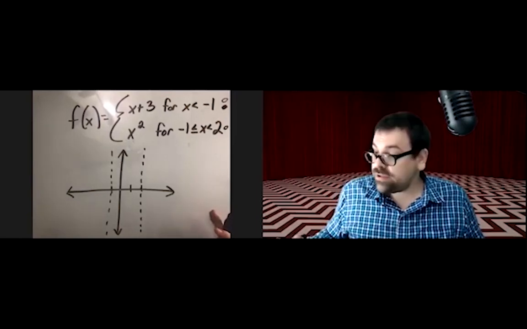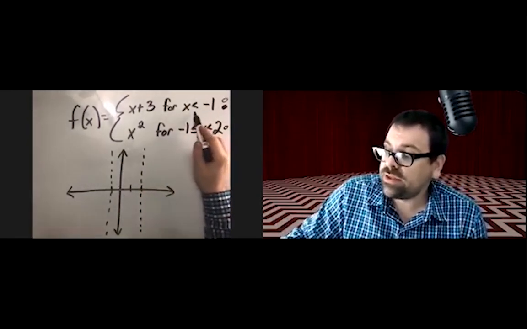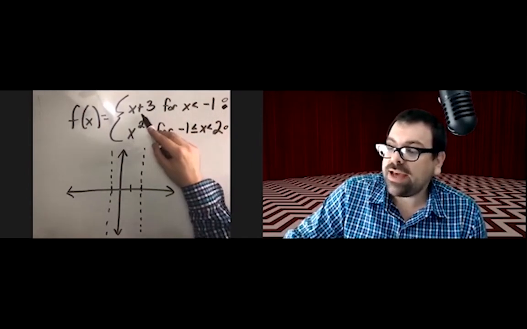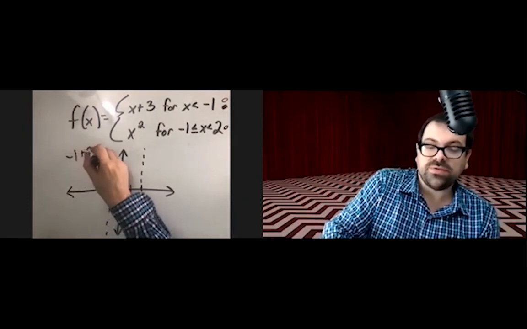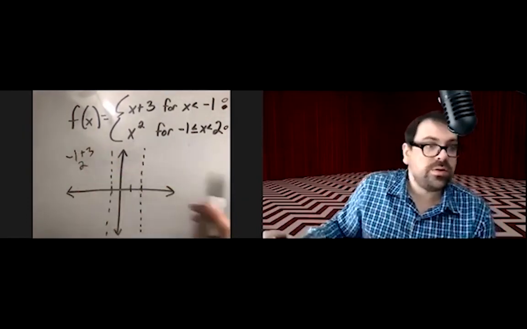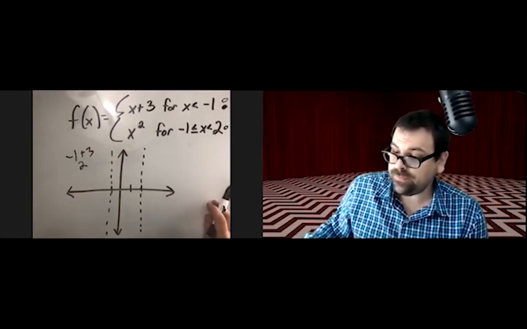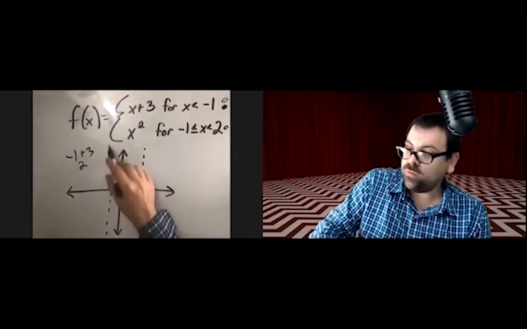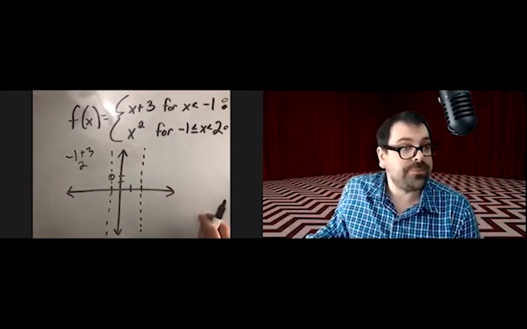Let's find these values. So for -1, let's do the open first. That's here. -1 plugged into x plus 3 would be -1 plus 3, which is +2. So at x = -1, y = 2, there is an open circle.